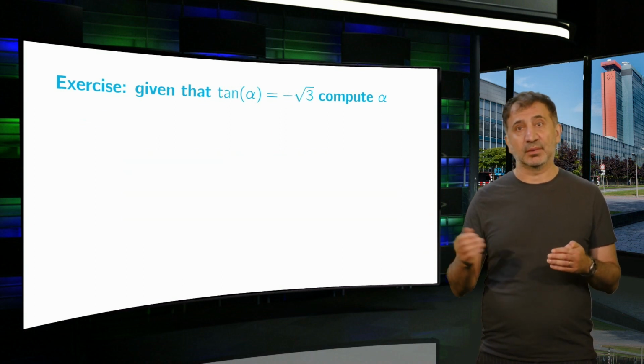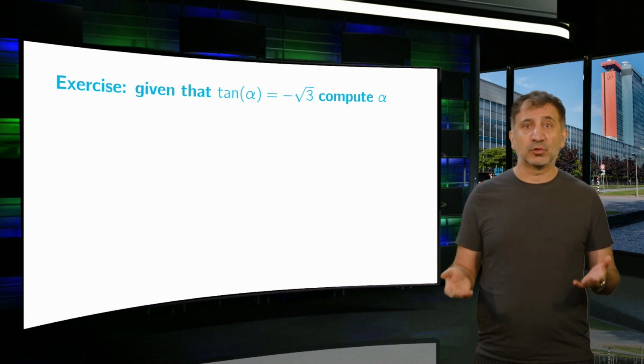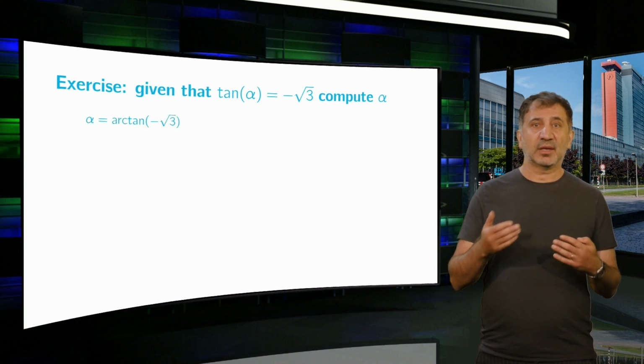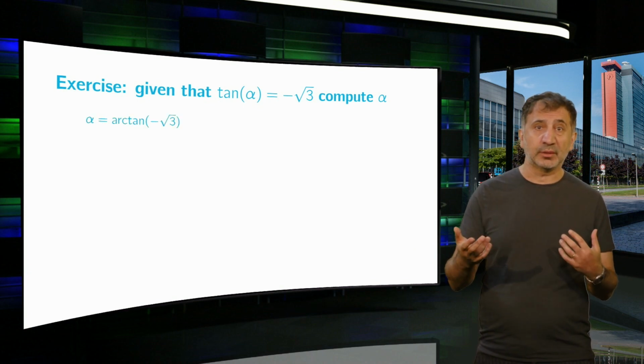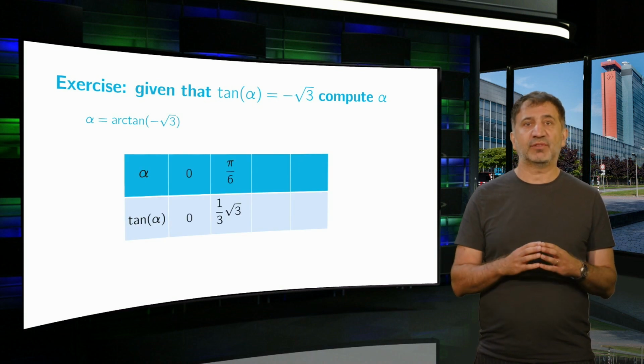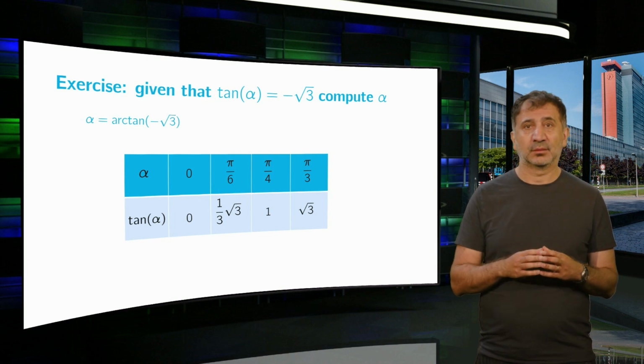Here is another example. What is alpha if the tangent of alpha is equal to -√3? In other words, alpha is the arctangent of -√3. Here is the table you probably used to find the tangent of certain angles. We see that -√3 is not in the list.